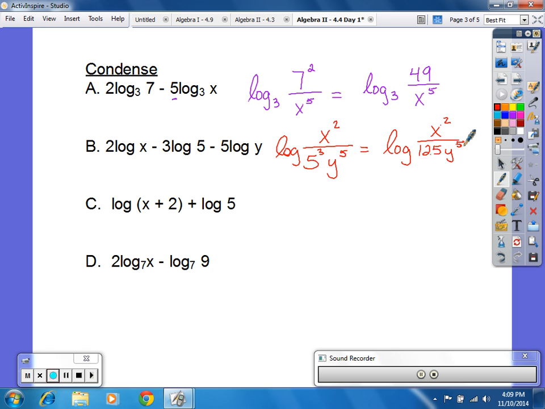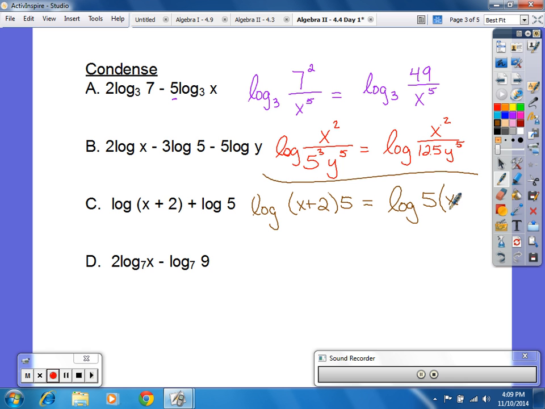Take a minute and try letter C on your paper and come back and compare it to what I have. For letter C, you should have ended up with the log of x plus 2 times 5. Normally we write coefficients out front, so I would prefer that you have this as the log of 5 times x plus 2.